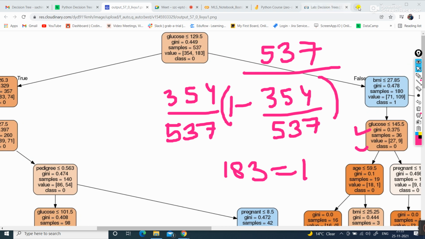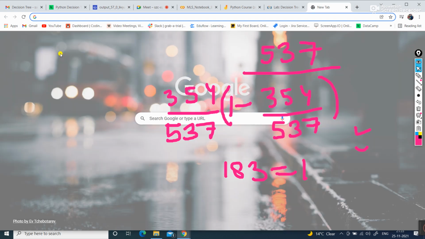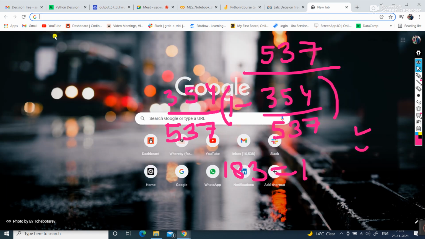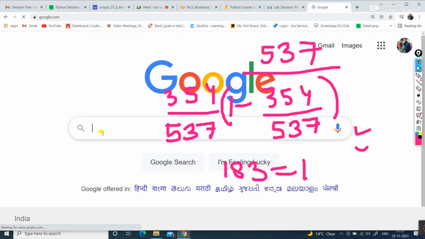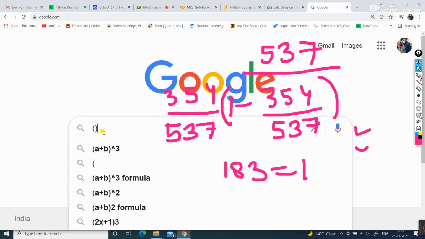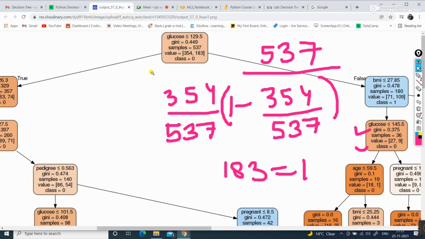Okay. So I think what was confusing me is when I go to the next one, it says 180. Okay, so I understand 354 and 183 are yes and no. So 354 divided by 537, which is the total, and 1 minus that 354.